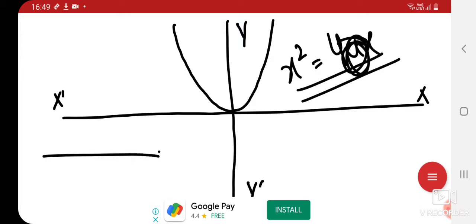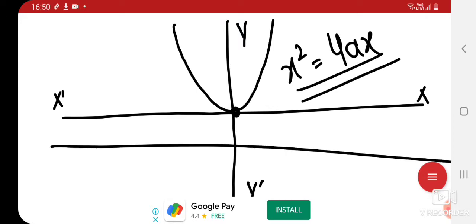So how can you find the relation? In the before graph I found the relation that y is equal to 2 into x. Now how can you find the equation here? You need to find, like, this is our directrix. We can't draw the directrix directly, but I am only supposing.